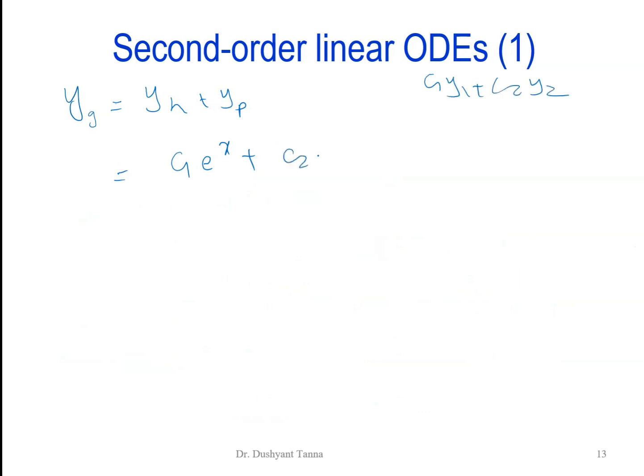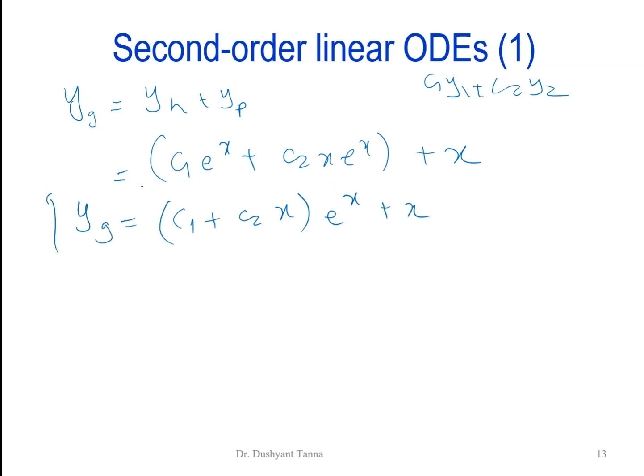For the YP, we know x. Just keep e^x outside. You can write C2x or xC2, up to you. This is the general solution, YG or Y.